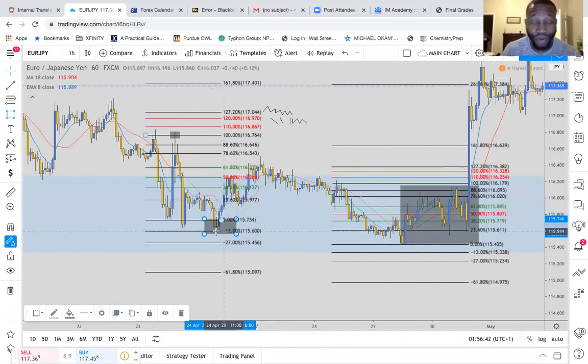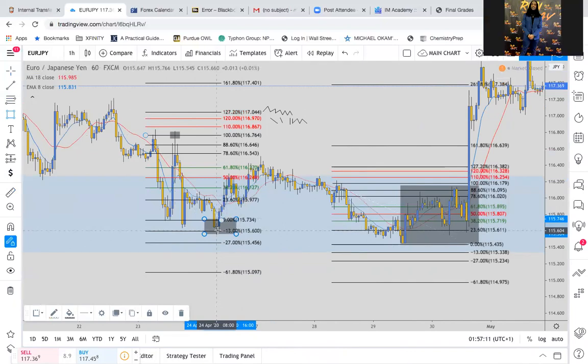If I see a break of resistance on the 5-minute time frame, I'm closing out my trade. I'm going to say it again. If price is wicking at the negative 13% or the negative 27%, I'm exiting the trade when I see a break of resistance on the 5-minute time frame. Depending on the pair, I might do it on the 1 minute because I want to secure my bag. I work hard for this entry.